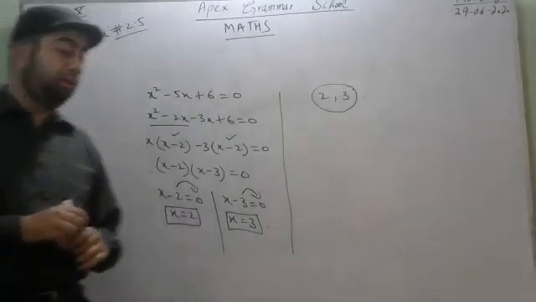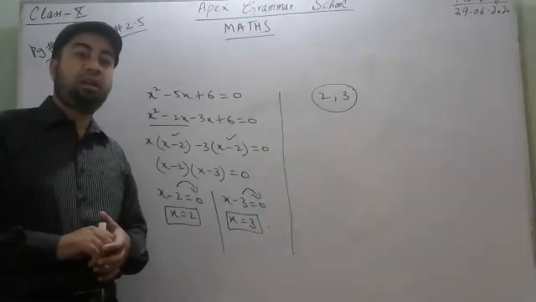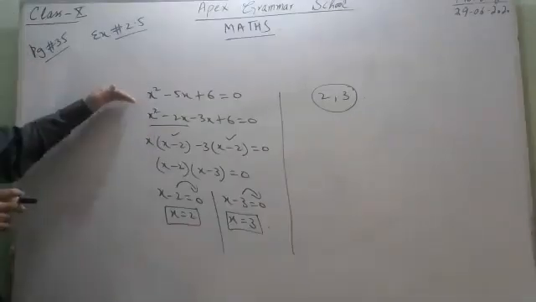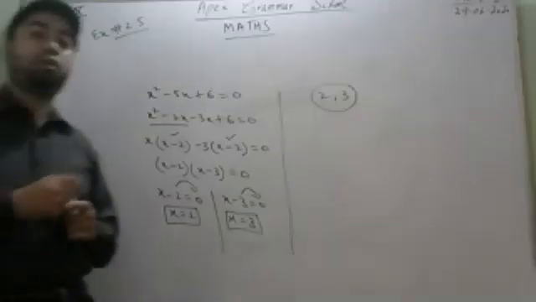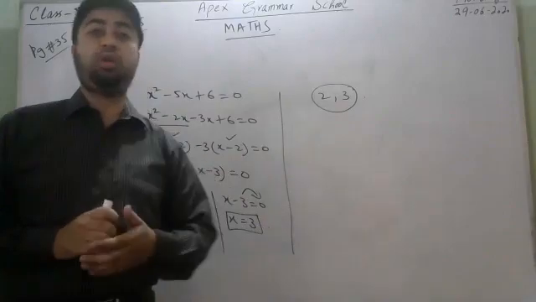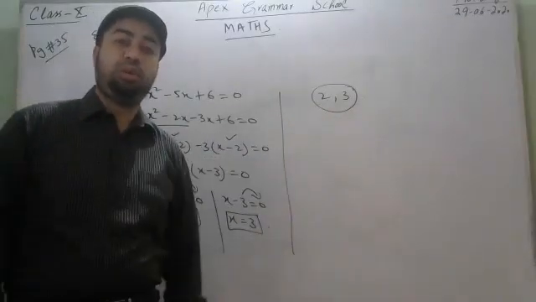Now we are going to make quadratic equations through roots. Before, we made roots from a quadratic equation. Now this is the reverse game. From roots, you have to make the quadratic equation that relates to these roots.